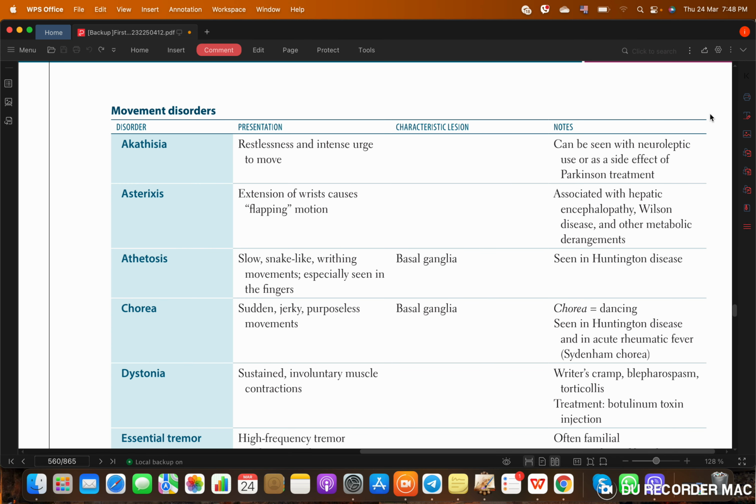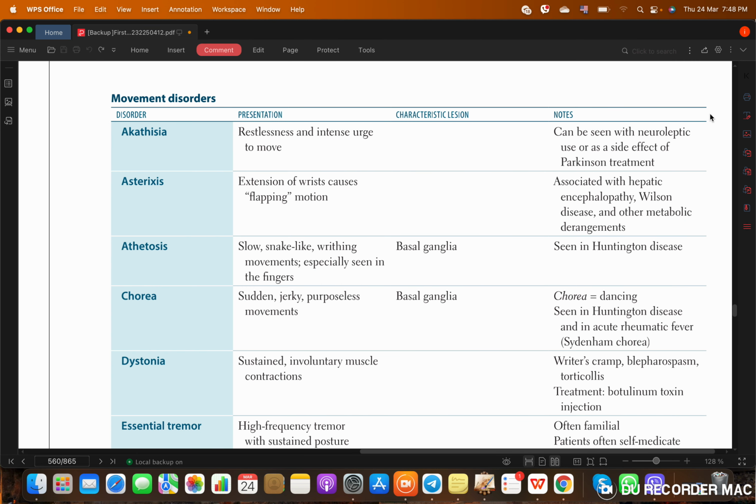Now, this is just general terminology of movement disorders. The first thing is akathisia, which is, you know, you tell the patient to sit, he cannot sit, he has to keep moving. So, restlessness and an intense urge to move. It can be seen with neuroleptic use or as a side effect of Parkinson treatment.